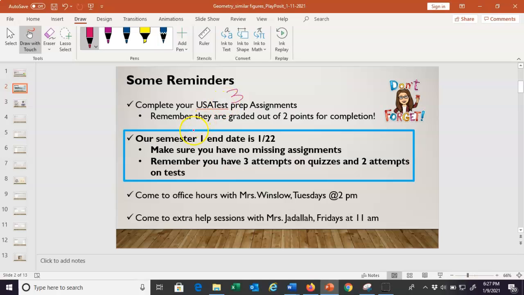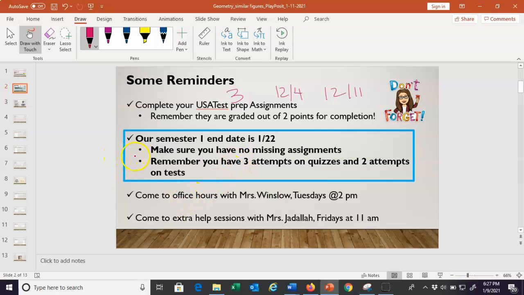These were assigned before winter break, around December 4th and December 11th, I believe. So this is not the practice exam. These are just 3 little tiny practice assignments that were assigned over the month of December.